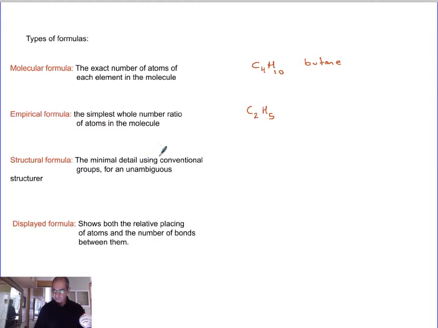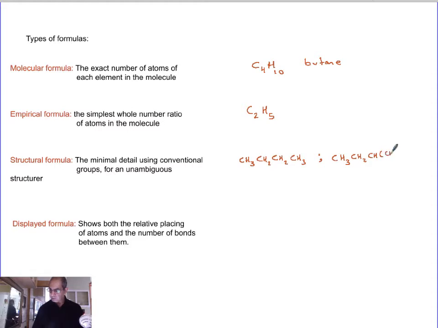The structural formula, you will show the minimum possible details getting the structure across. So for example, butane could be CH3, CH2, CH2, CH3. But it also has another possibility, another isomer. So that could be shown as CH3, CH2, CH.